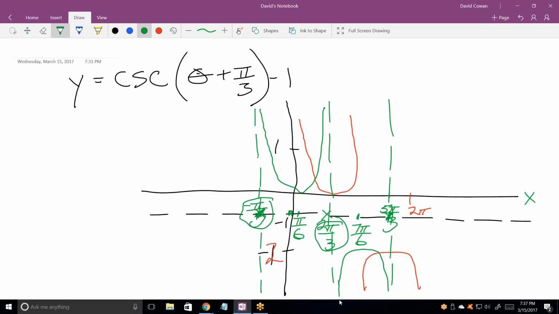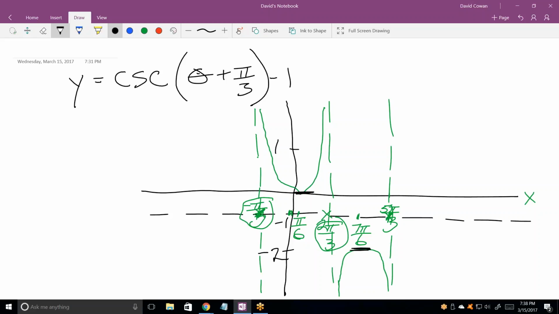So the green, let me erase the red, because the red was strictly a vertical shift. But the green is our curve. The green is not only shifted down by 1, which means this point is 0 and this point's -2 instead of going from 1 and -1.